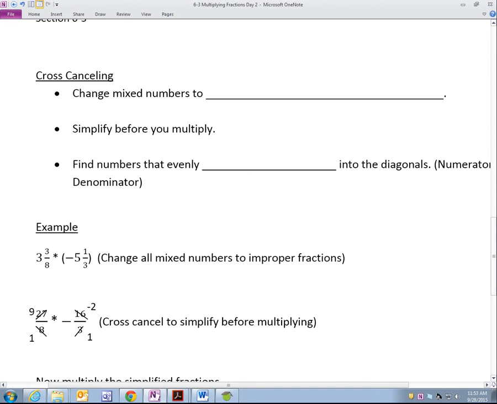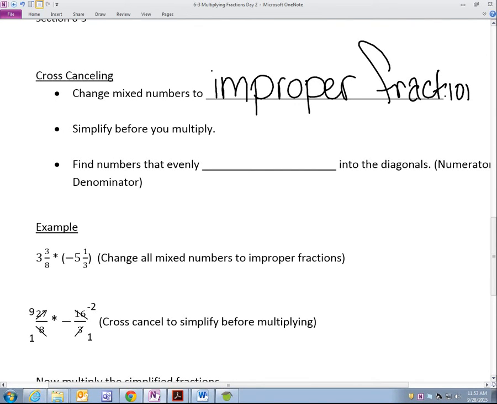So the first thing that we're going to have to do is change mixed numbers into improper fractions, and you simplify before you multiply.